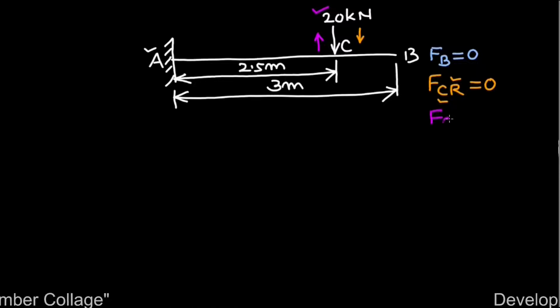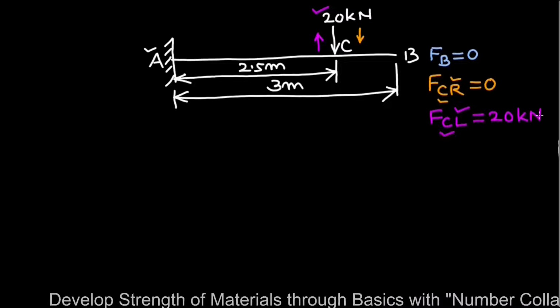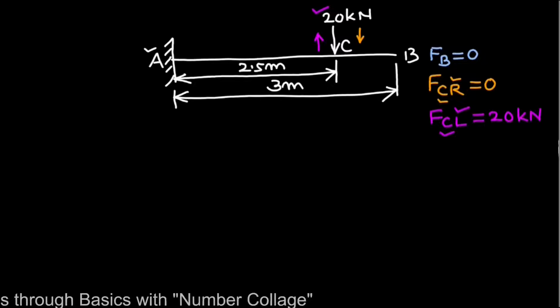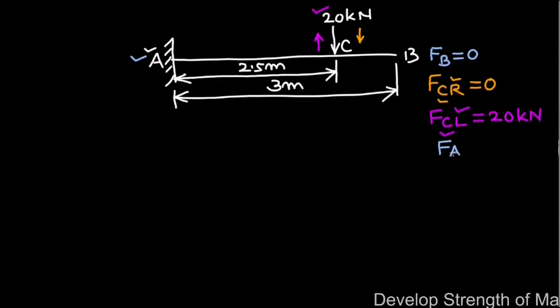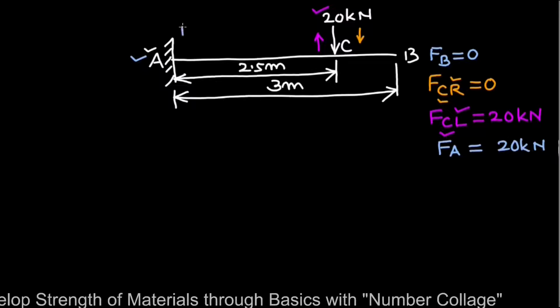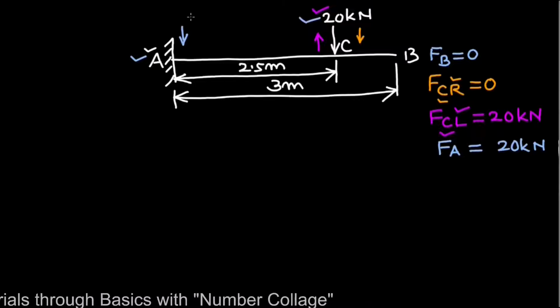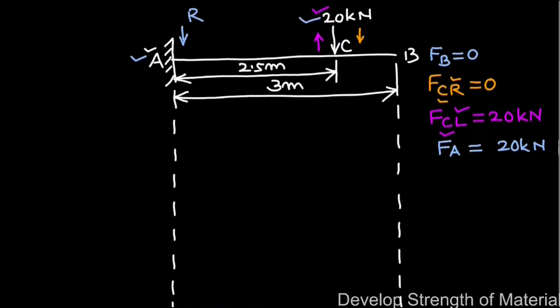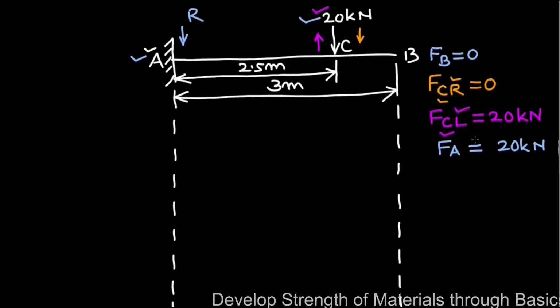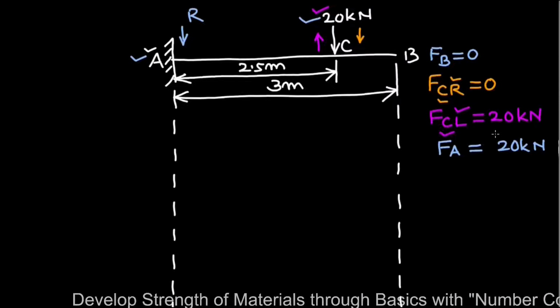So FCL, that is the shear force to the left of point C, will be 20 kilonewton. Shear force at point A will be FA equals 20 kilonewton because there is downward vertical load of 20 kilonewton to the right of point A. According to sign convention, both these shear forces, FCL and FA, will be positive.